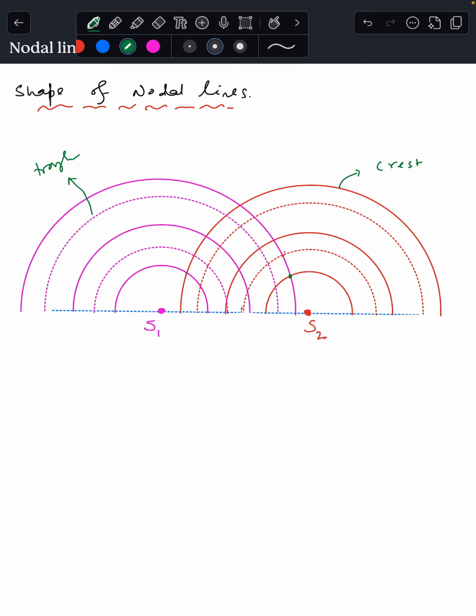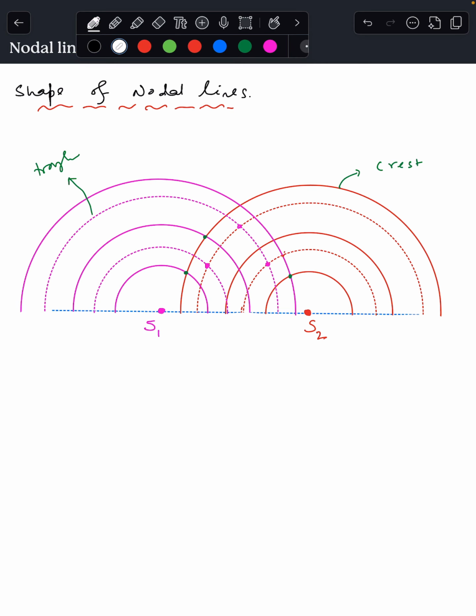Here also, these are points where a crest is meeting a crest. And there are a few points where a trough is meeting a trough. These points will be extremely violent points where crest is meeting crest and trough is meeting trough. Generally, maximas will be created here.